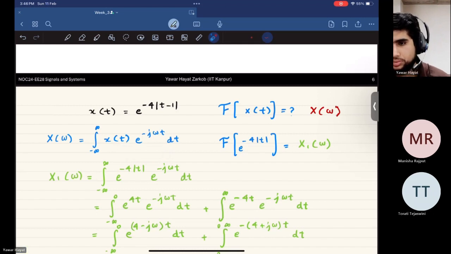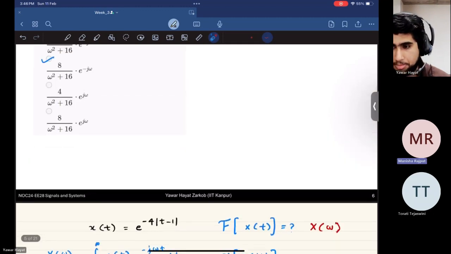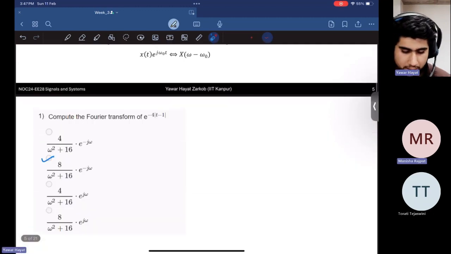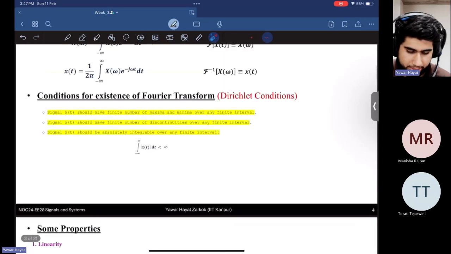Which condition is violated? Integration should be finite. X of t won't be absolutely integrable, right?